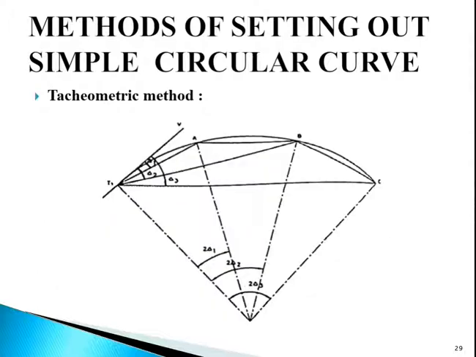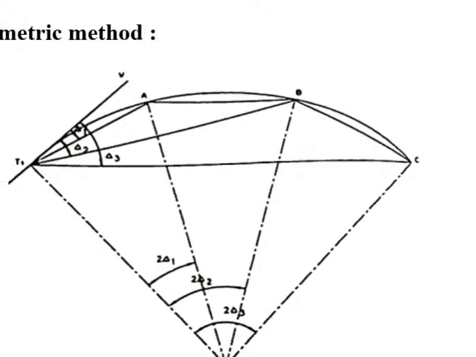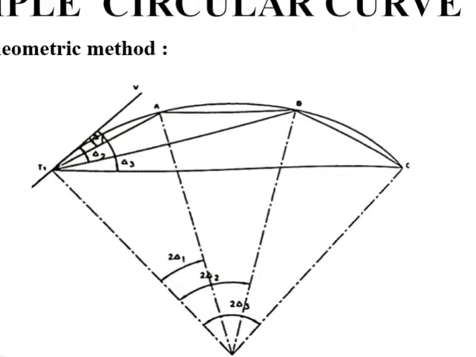So let us understand this method with the help of this figure. Set the theodolite at T1 and sight the point of intersection V when the reading is 0.